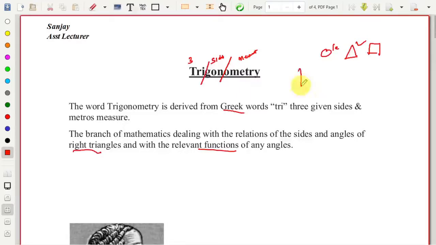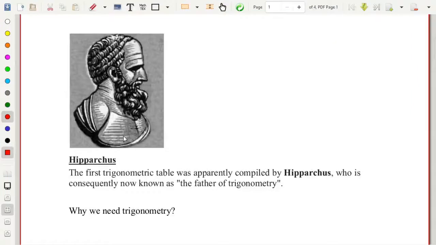Right triangles, I hope you know, have a 90 degree angle. Here is Hipparchus. The first trigonometric table was compiled by Hipparchus, who is known as the father of trigonometry.